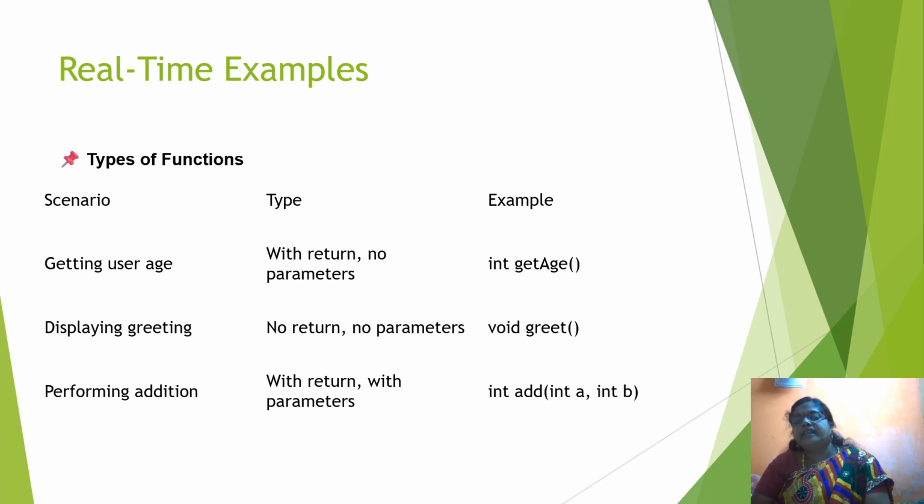Example: void greet function, which has no parameters. Performing addition: the function type is with return value and with parameters. Example: int add with parameters int a and int b. So the add function has parameters of integer variable a and integer variable b.